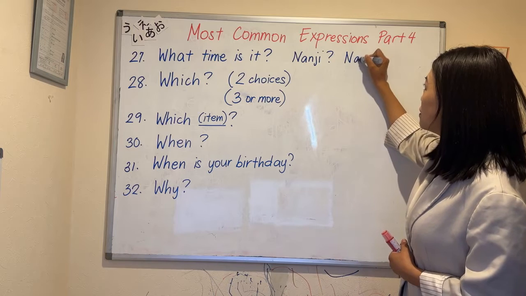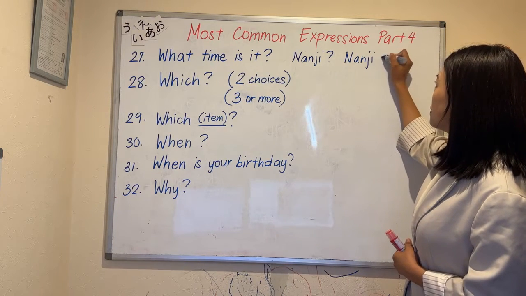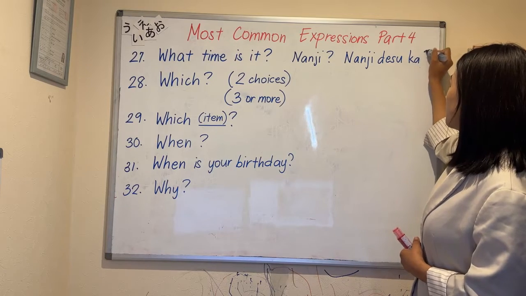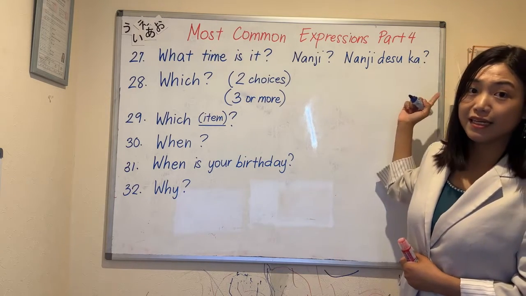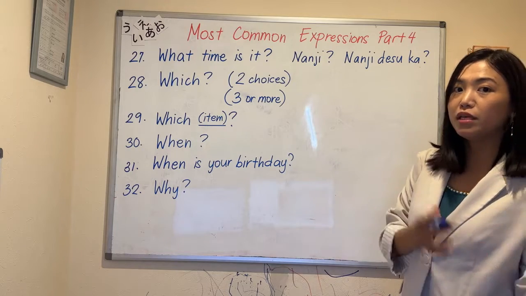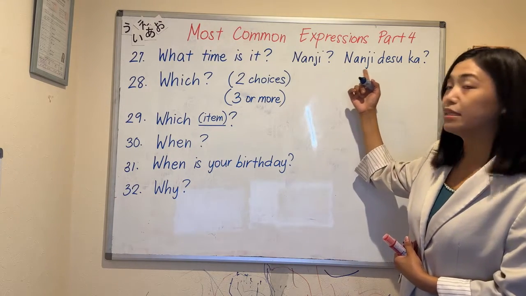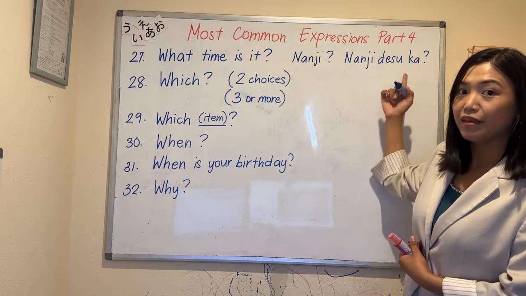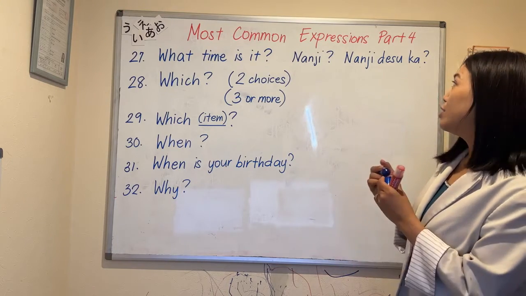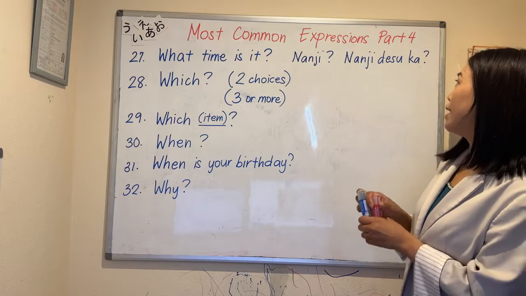Nanji desu ka? If you're going to ask what time a specific meeting is, you want to say nanji desu ka? But if you want to ask what time it is now, you may add the word ima.